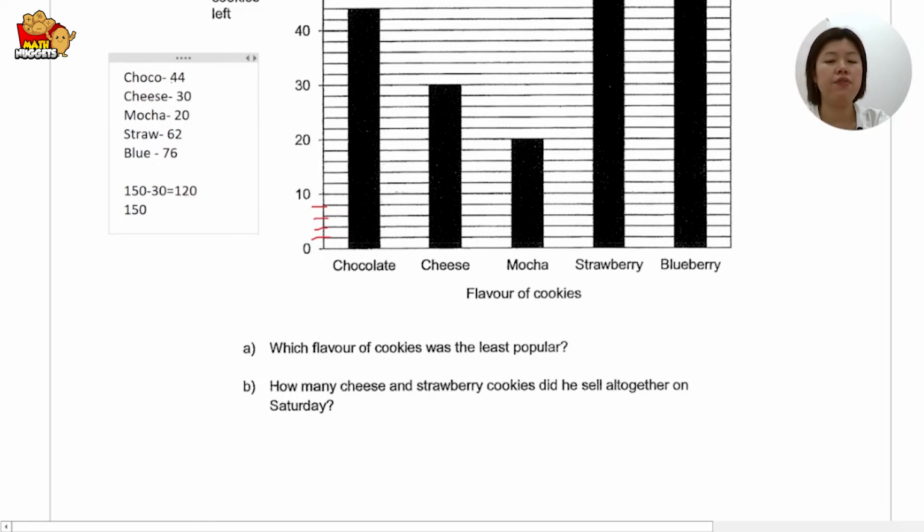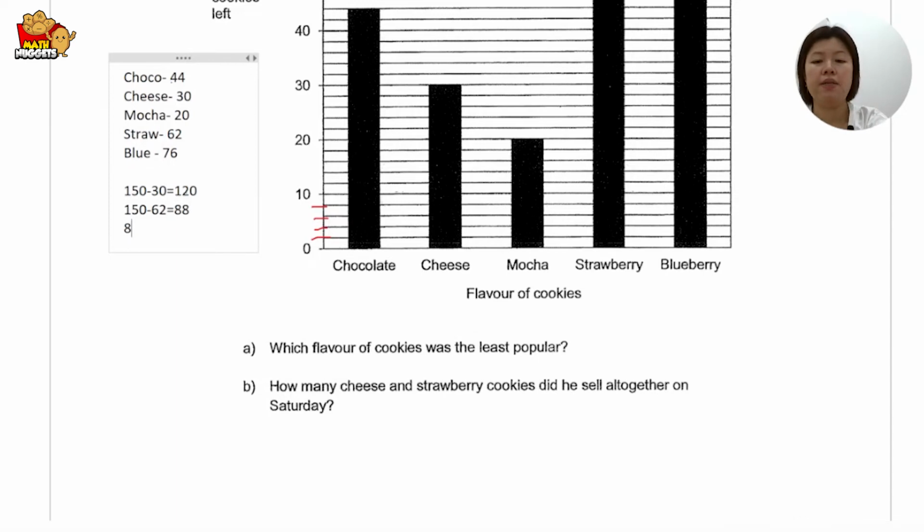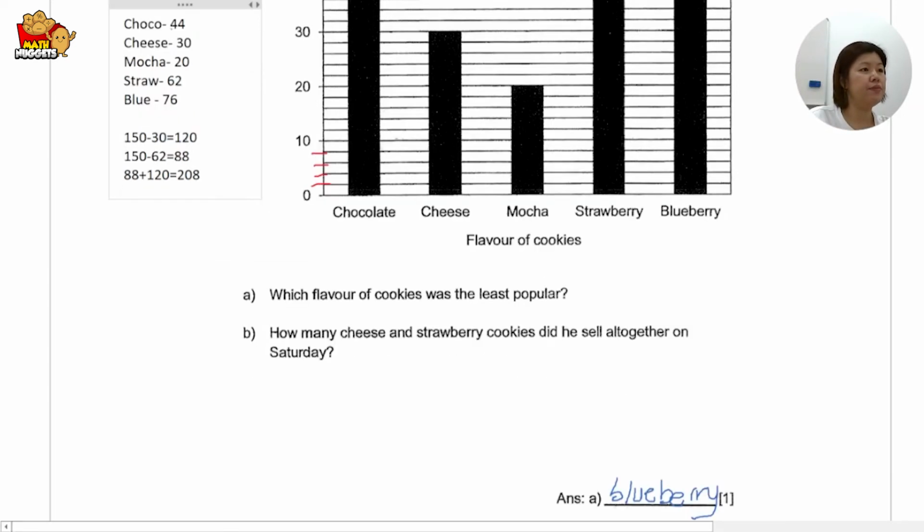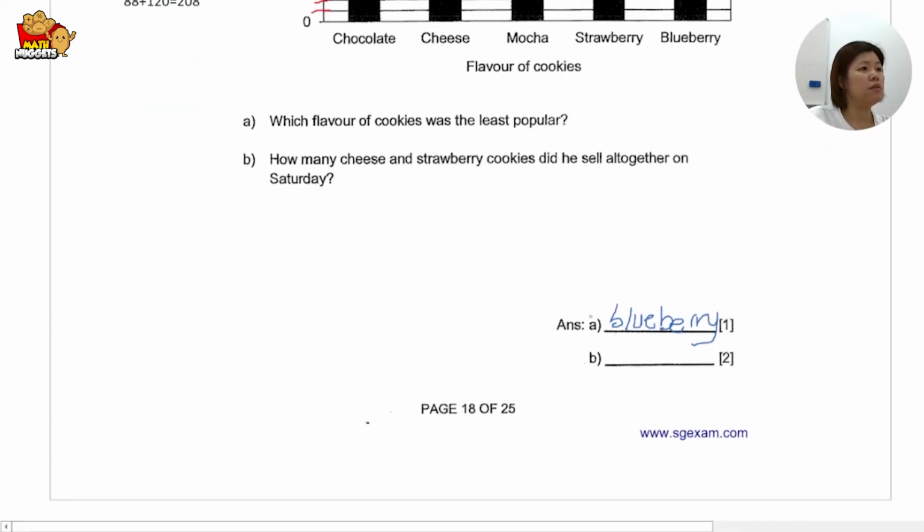Another one is 150 minus strawberry is 62, which will give you 88, and you need to plus them together, which will give you 208. Answer 208.